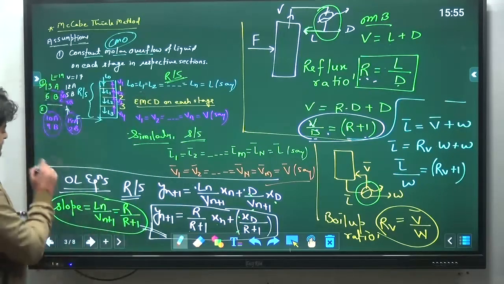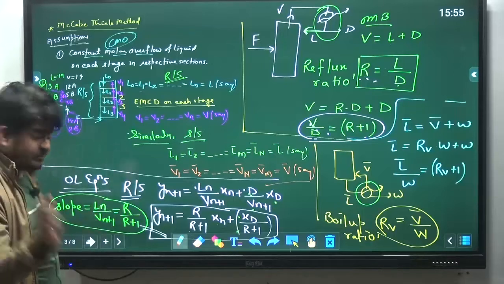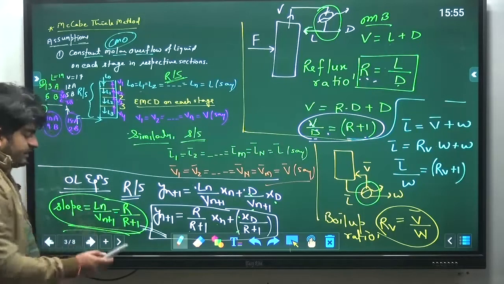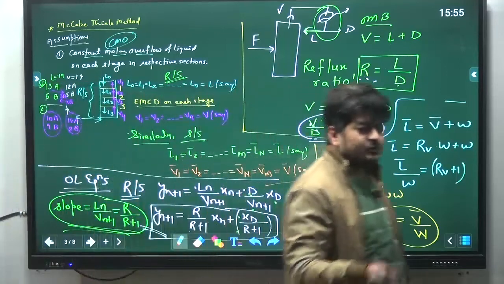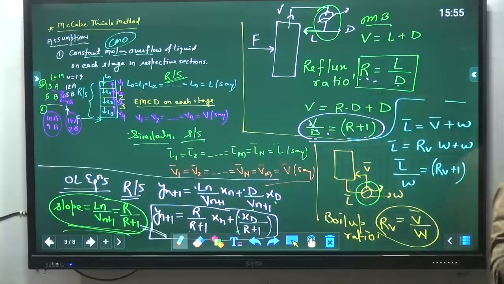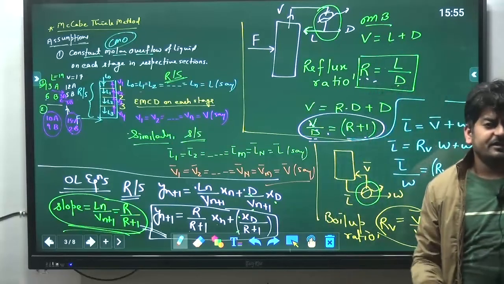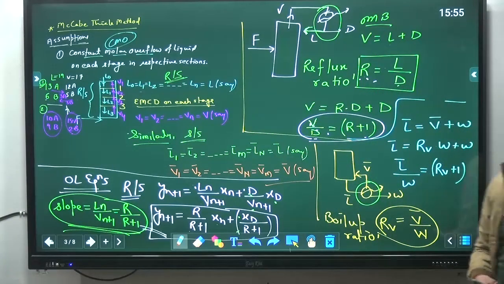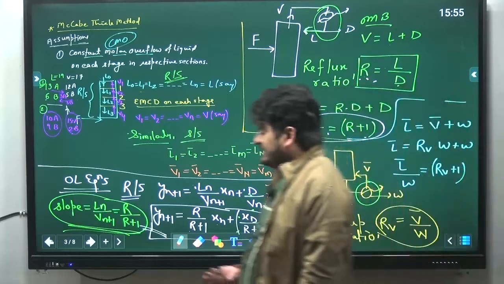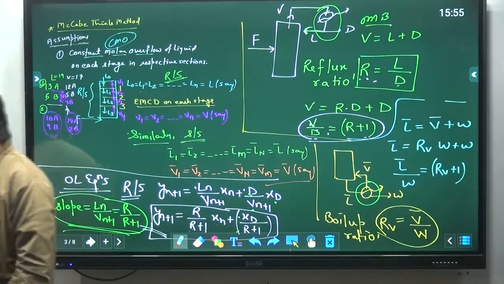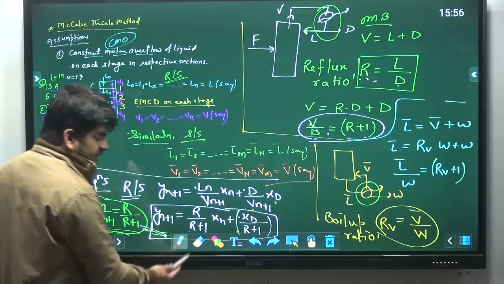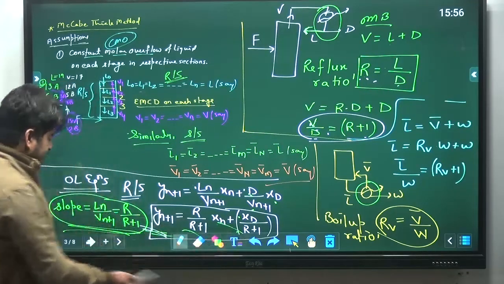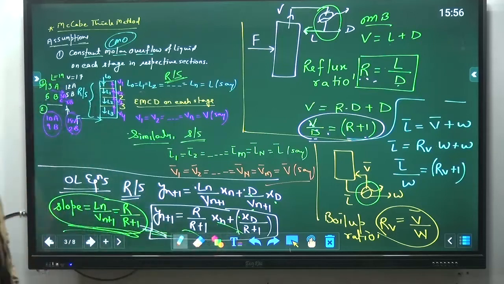The intercept. Remember this. This is the key point. Okay, because they can give you the operating line of rectifying section and then they can ask you what is the reflux ratio, or they can give you the reflux ratio, they can ask you the slope of rectifying section. So these are the things. This is the important point, key point here which all of you should know. The operating line equation, the slope, the intercept. And what is reflux ratio? Is it clear, guys?